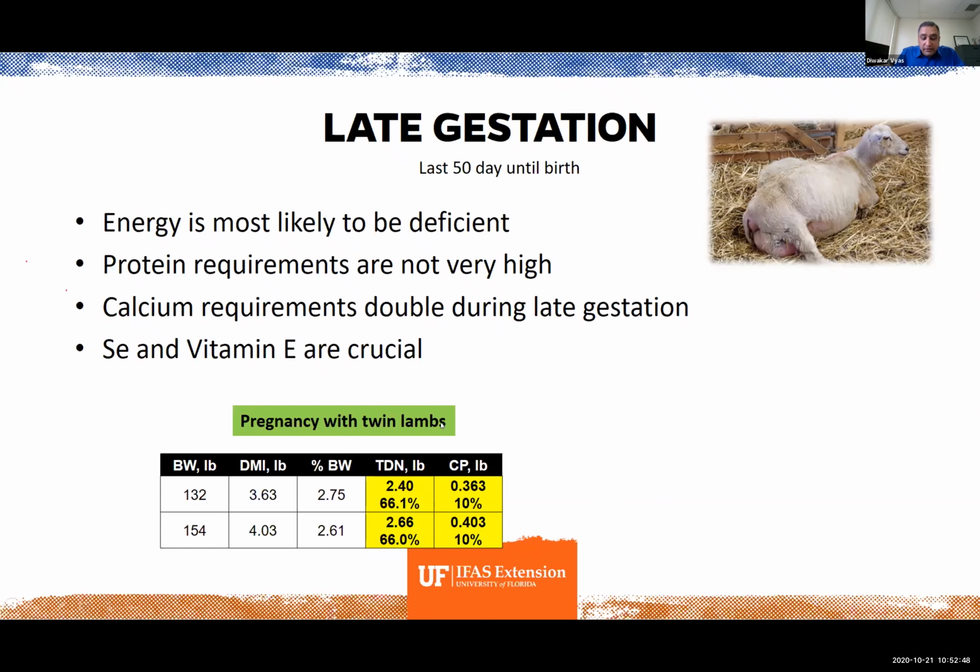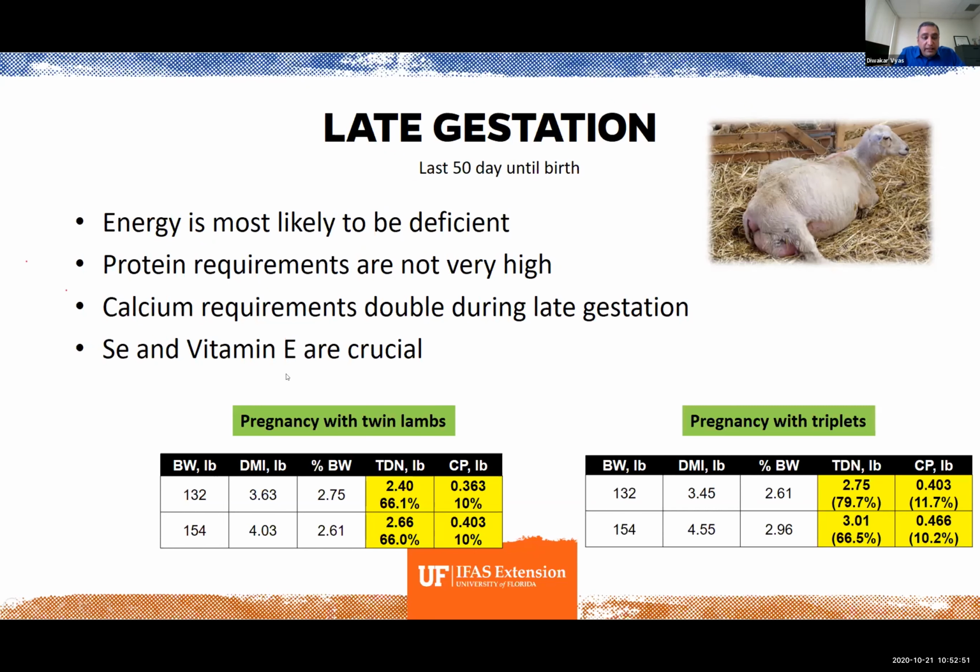So again, I'm just providing these nutrient requirements for ewes with twin lambs and ewes with triplets. Okay, you can see that there's a huge increase in the energy requirement, 66.1% compared to 53% for early gestation. But again, the protein is just 10% in the diet.